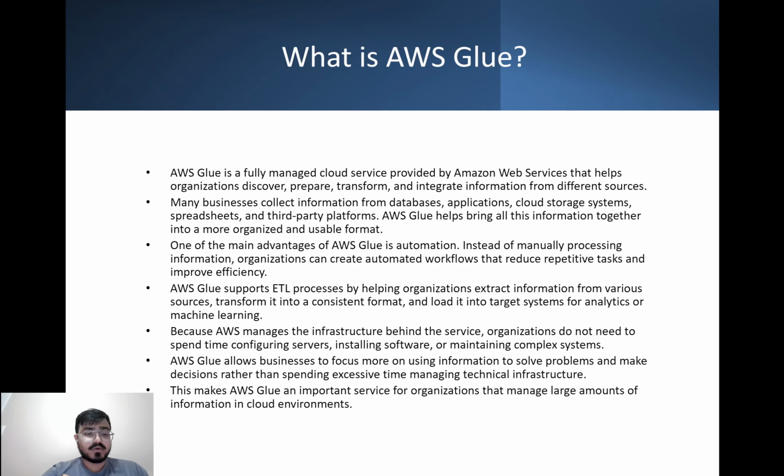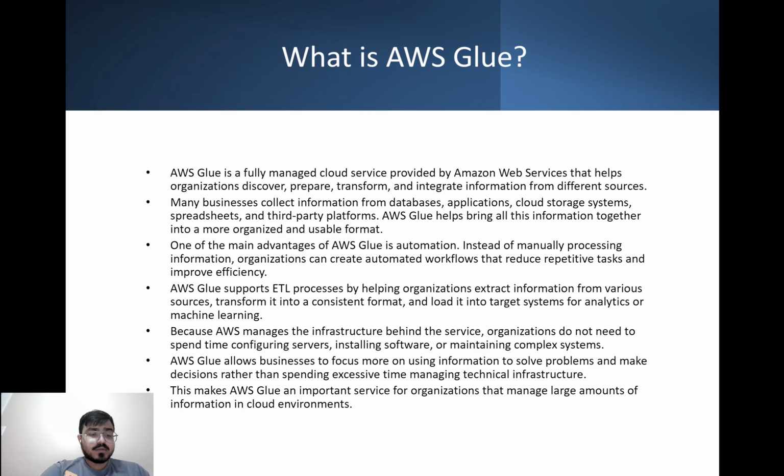One of the biggest advantages of AWS Glue is automation. Instead of manually moving and preparing information, organizations can create automated workflows that handle much of the work automatically. AWS Glue supports ETL processes by helping businesses extract information from various sources, transform it into a consistent format, and load it into systems used for analytics and machine learning.